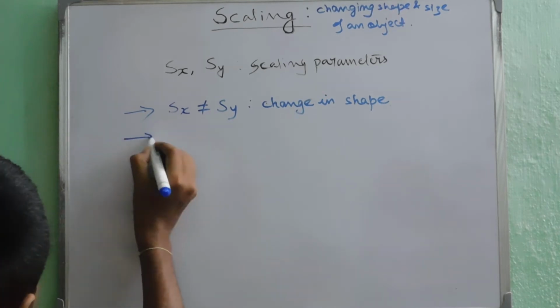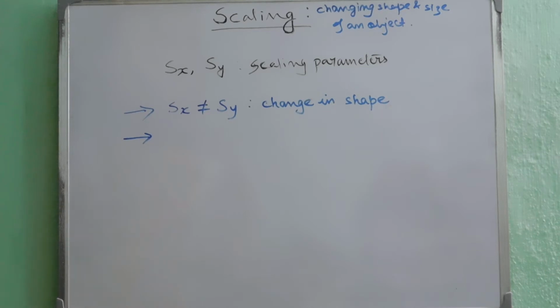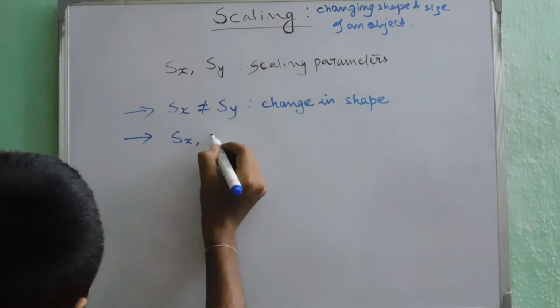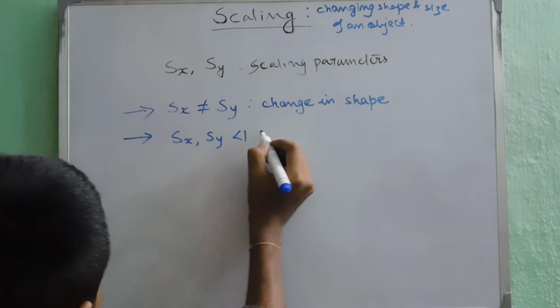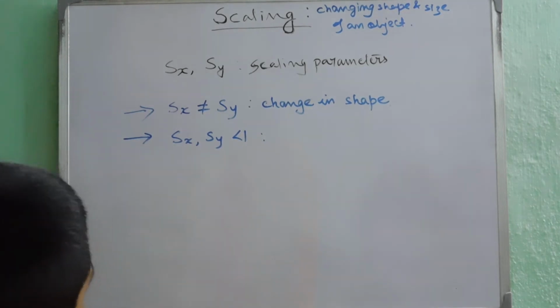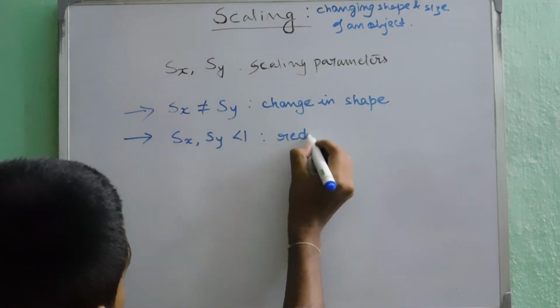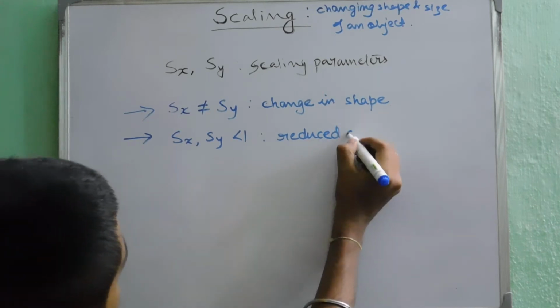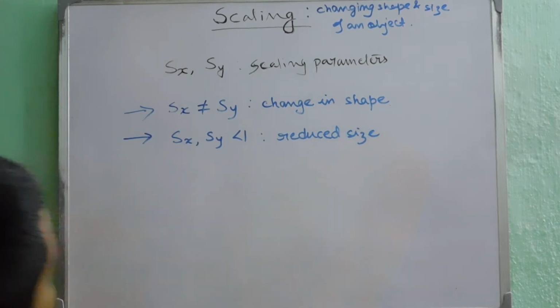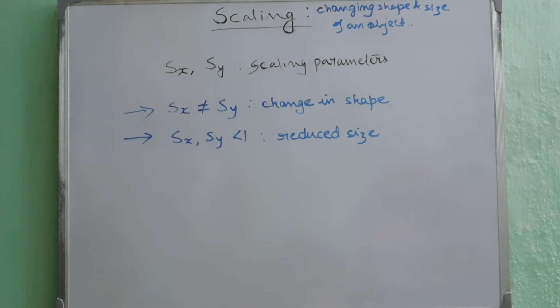The second property says, if Sx and Sy are less than 1, then that implies reduced size. So if the scaling parameters are less than 1, then the object will be reduced in size.